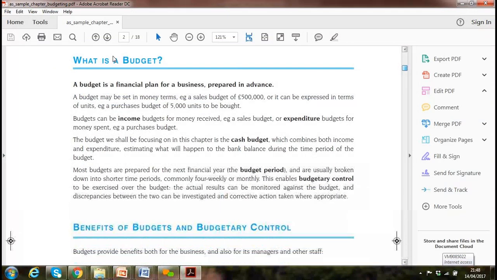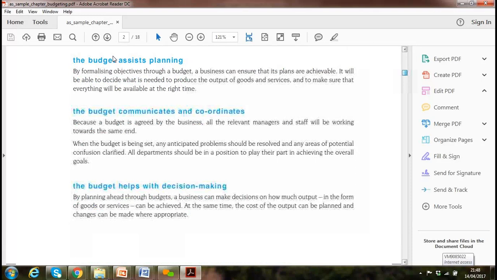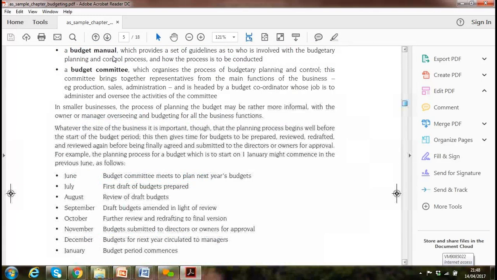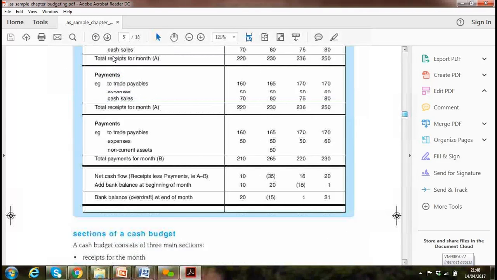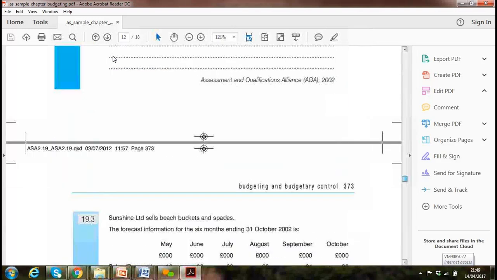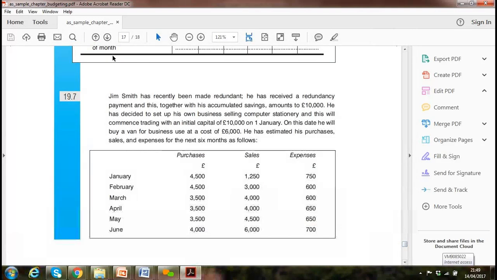You will see there what is the budget, what is the budgetary control, types of budget, what is meant by variance. It's all been explained and good examples we can use as well. So please go through this document that will help you in terms of the budget.